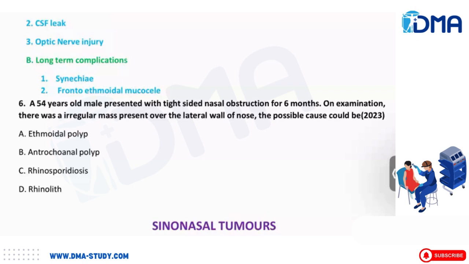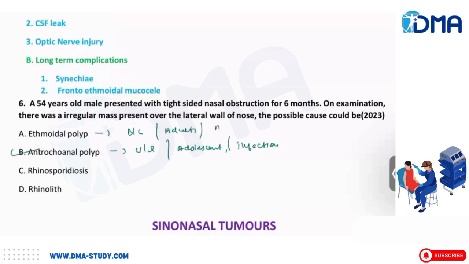antrochoanal polyp. Okay, because the antrochoanal polyp is unilateral. It affects adolescents mainly, but in this question that is not the case. It is due to infection. Ethmoidal polyp is bilateral. It affects adults.